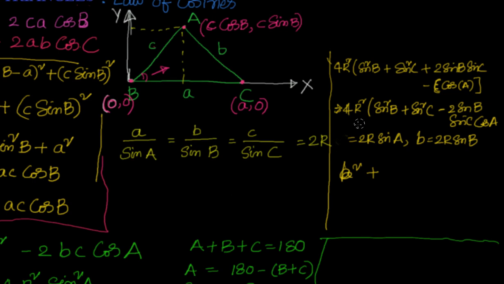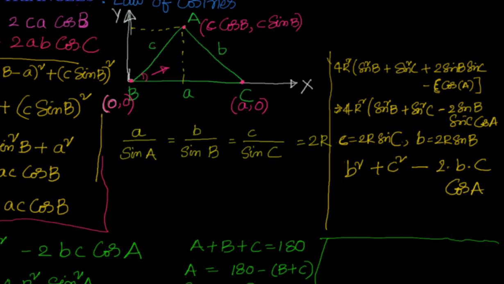This becomes b square plus c square minus 8R square sin B sin C. I can write it as 2R into 2R into 2. So it becomes minus 2bc cos A. I hope you are okay with that.